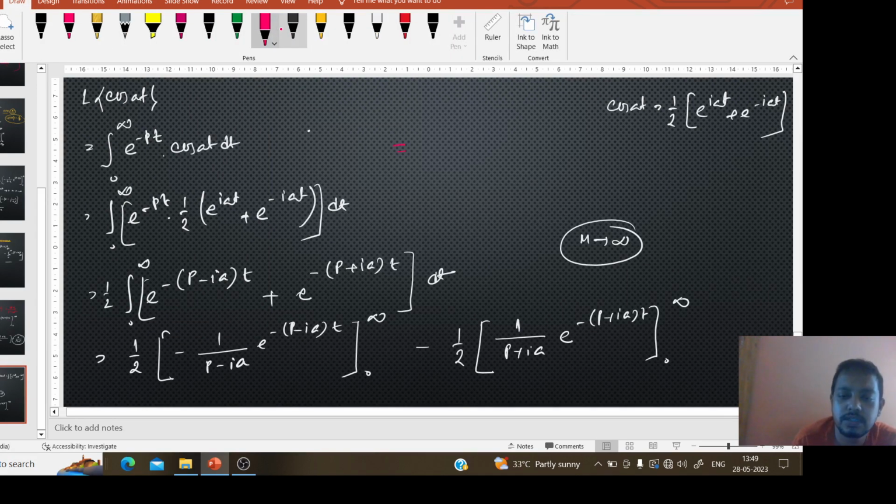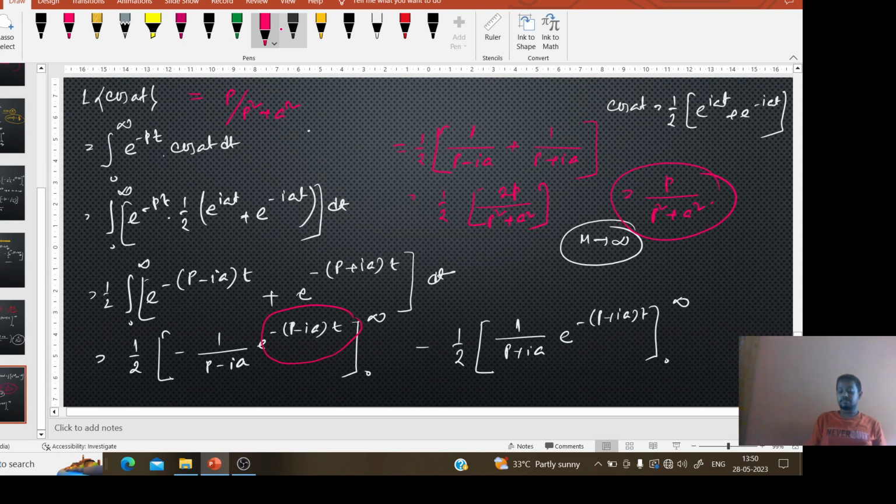If we put here the upper limit and lower limit, the upper limit will be 0, so next it will be 1 by 2, and this will be 1 by (p minus ia), and this will be plus 1 by (p plus ia), and if we simplify, we will get half of 2p by p square plus a square, and this will be p by p square plus a square. So L of cos at is equal to p divided by p square plus a square.